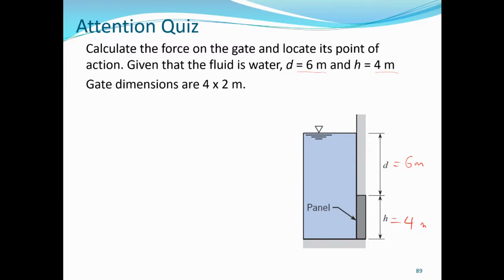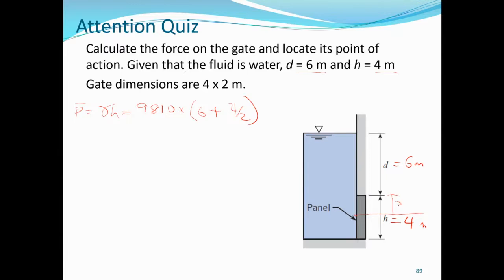So you simply determine the pressure force acting. First, the pressure acting at the centroid, which is gamma h, and because the fluid is water, the unit weight is 9810, and h now is going to be the distance 6 plus up to the centroid 4/2, which is this point.